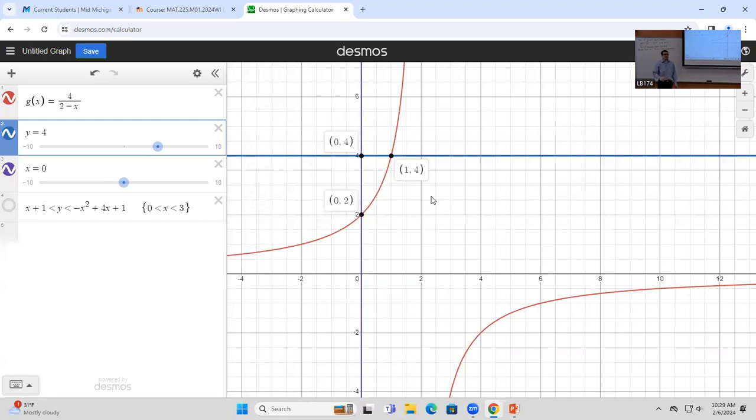When we integrate, what is our x value going to and from? What's the left-hand most x value? 0, exactly. And the right-hand most x value is 1. So my bounds are going to be from x equals 0 to x equals 1.